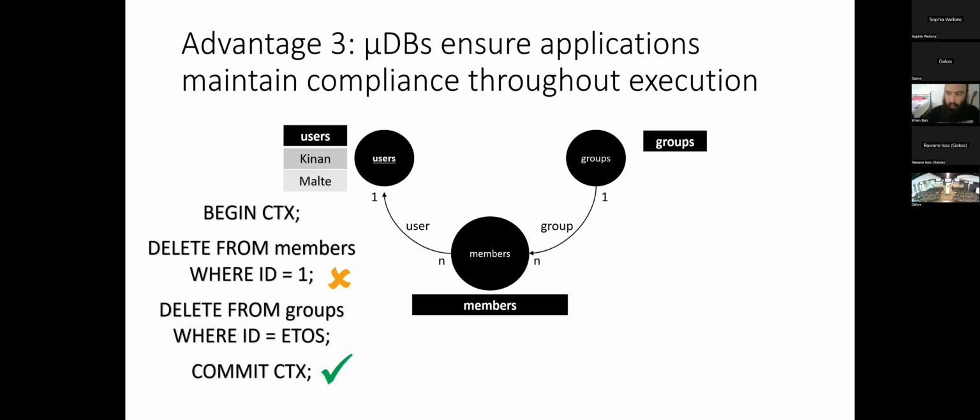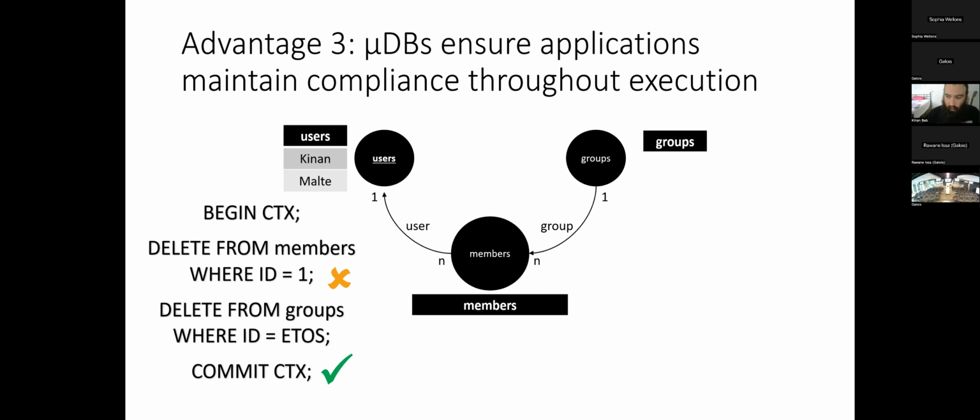And these application operations are allowed to temporarily violate compliance, e.g. by creating orphan data, as long as the transaction restores compliance prior to committing. So for example, K9db accepts the compliance transaction on the slide, even though it initially makes the Ethos group orphaned, because later it goes back and deletes that group.